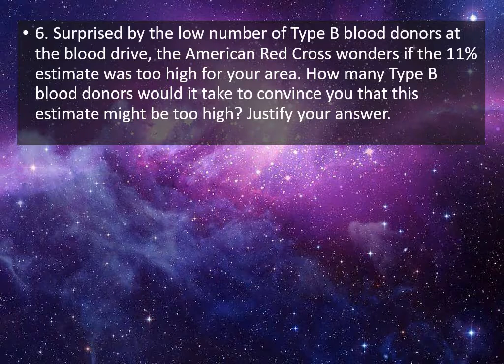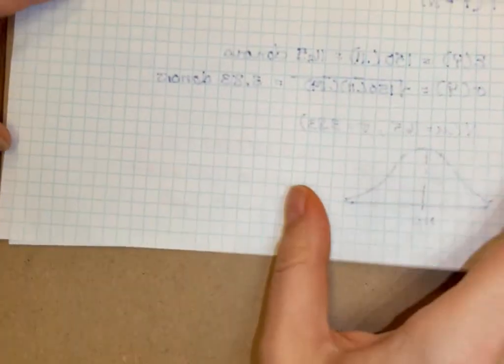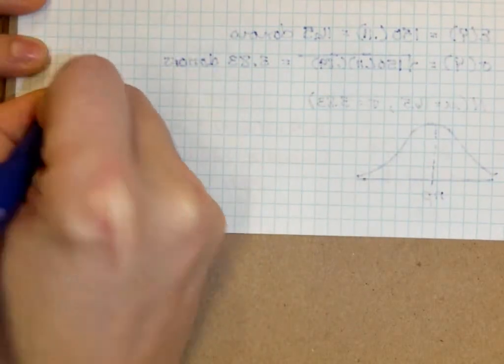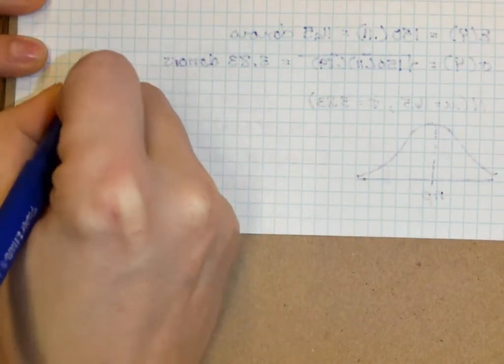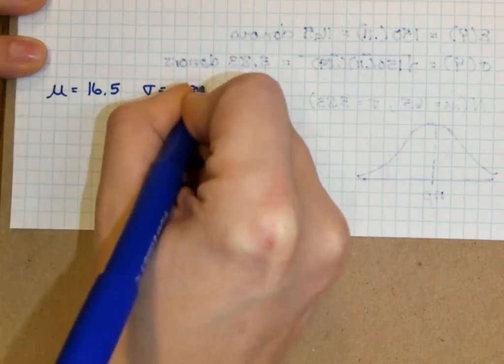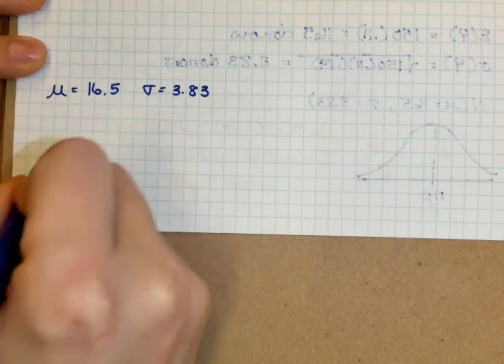But what you want to do for this is, for example, we had just calculated that the mean was 16.5, and the standard deviation was 3.83, right?